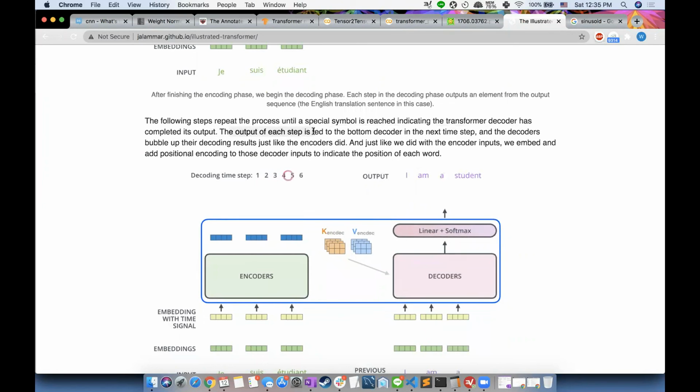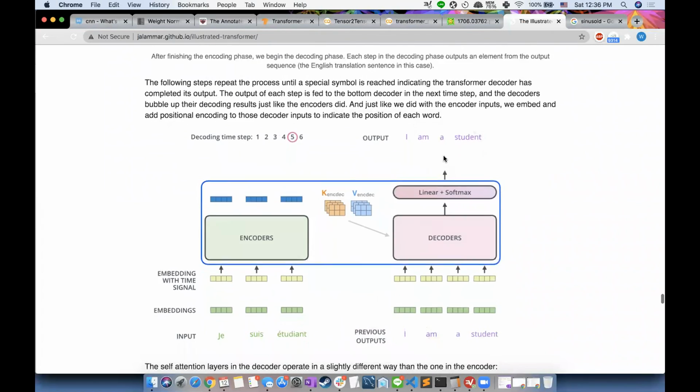The output of each step is fed to the bottom decoder in the next time step, and the decoders bubble up their decoding results just like the encoders did. And just like what we did with encoder inputs, we embed and add positional encoding to those decoder inputs to indicate the position of each word.